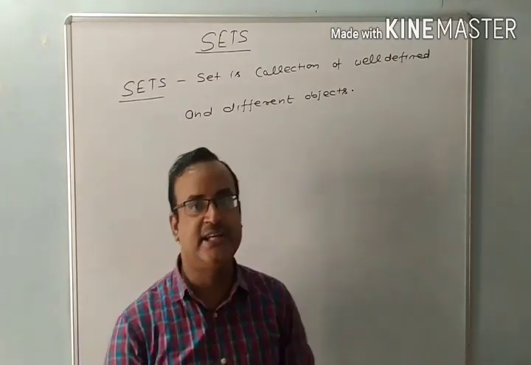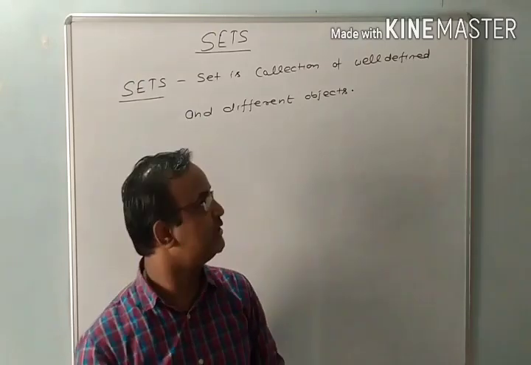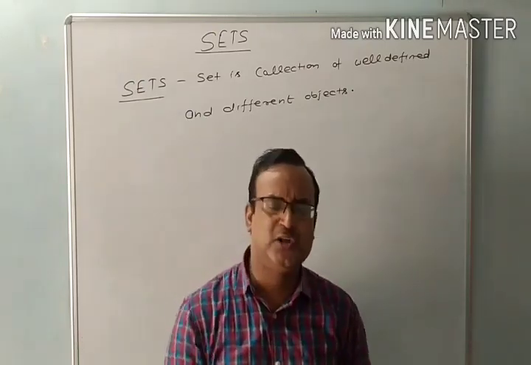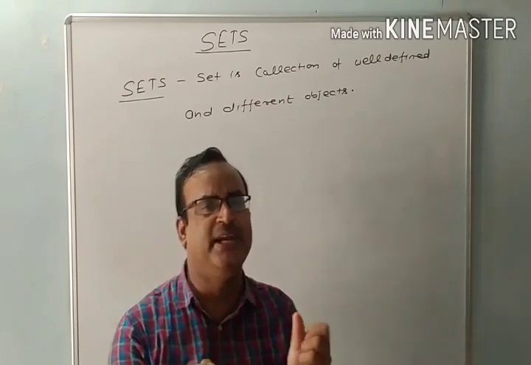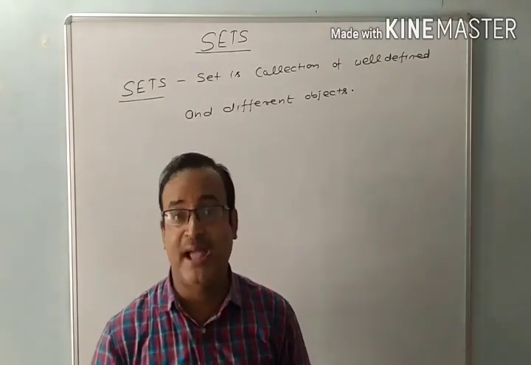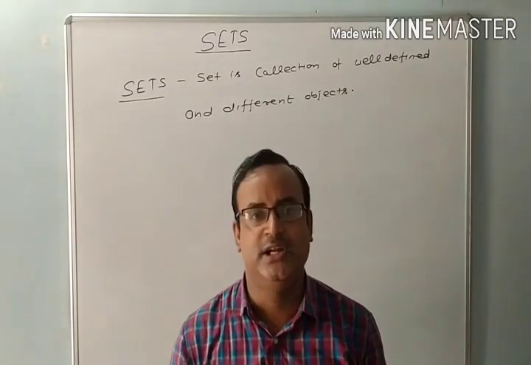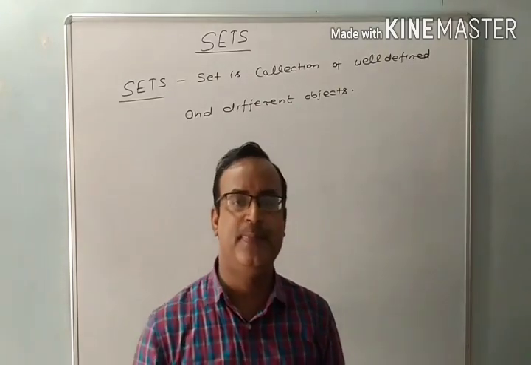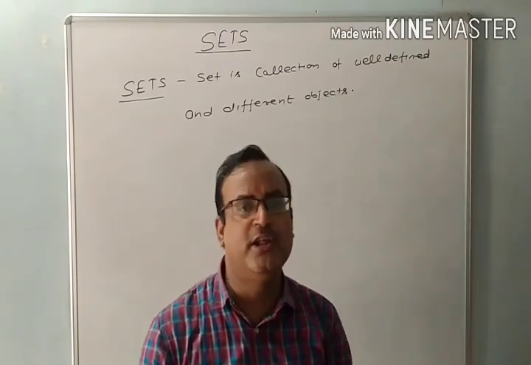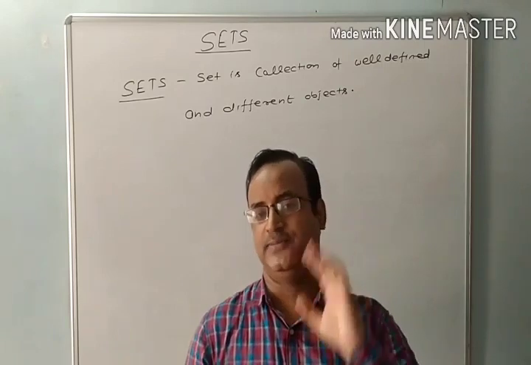And if we select some objects which are not well-defined, then it is not a set, it's only a collection. That is the difference between set and collection. Every set is a collection, but every collection is not a set, because if the objects of a collection are not well defined or not different, then they are not a set. They are only a collection.